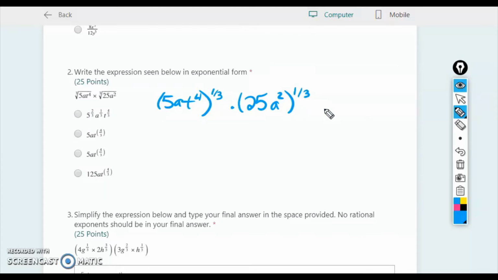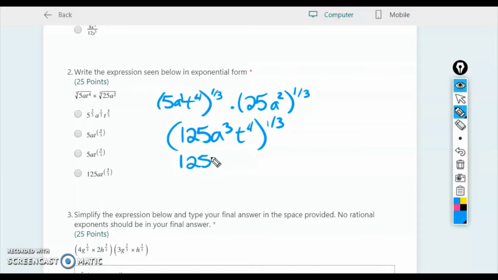Now, since all of this is raised to the same exponent, I can actually combine what's inside by multiplying them. So 5 times 25 is 125. A to the first and a squared make a to the third. And then this is the only t, so t to the fourth, and all of that is raised to the 1/3.